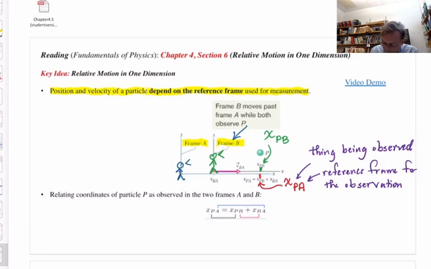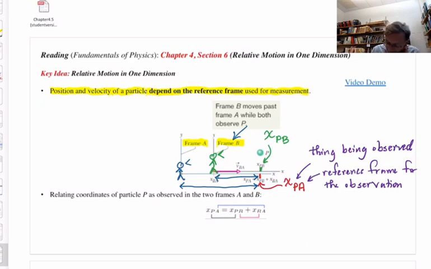This right here is the x-coordinate of the particle as observed in frame A. You go from the origin of A out to the tick mark on the A-axis, that is the location of the particle. This right here, that double-headed arrow, represents the x for the particle in frame B. It goes from the origin of B out to where the particle is.